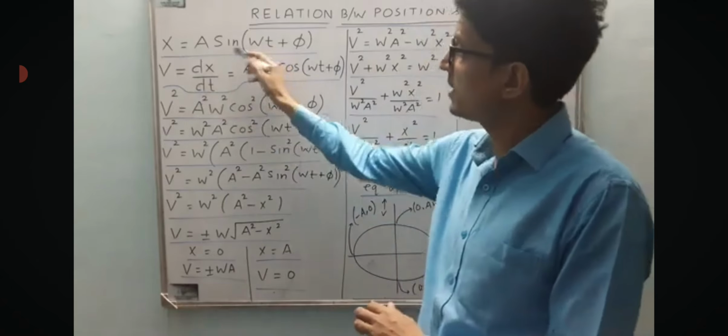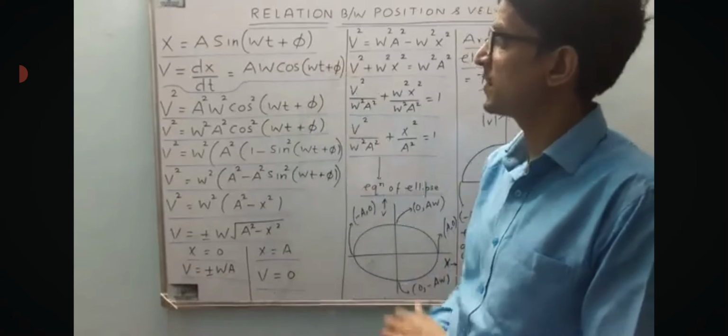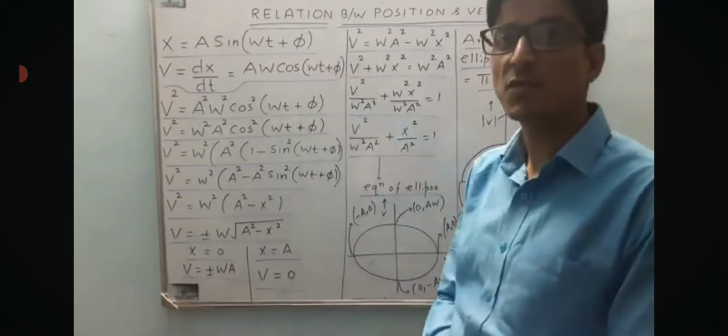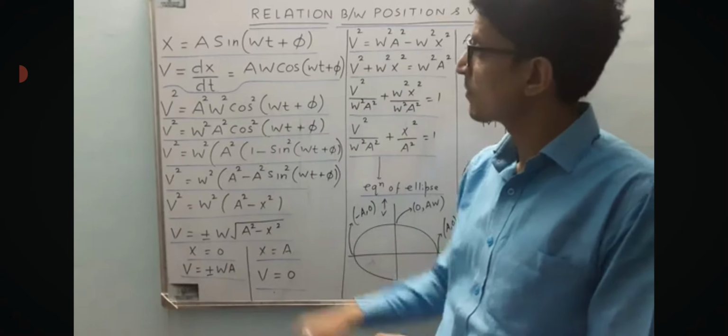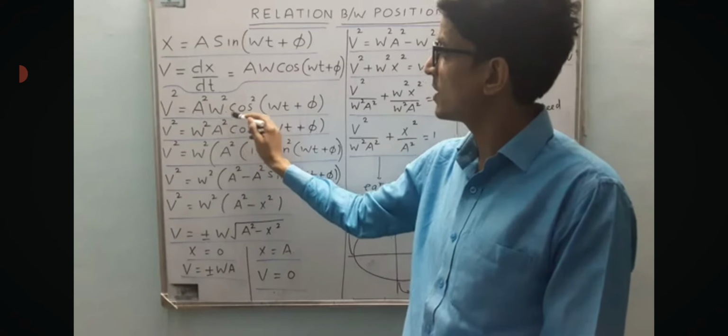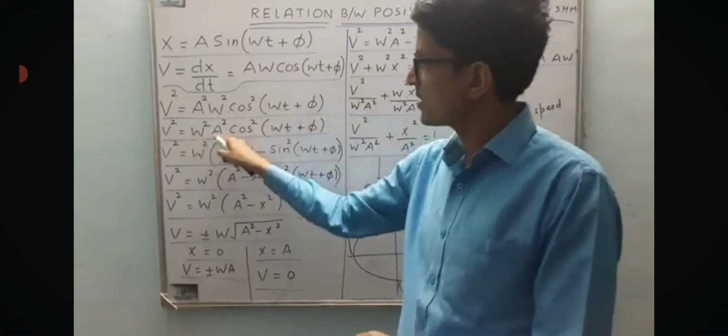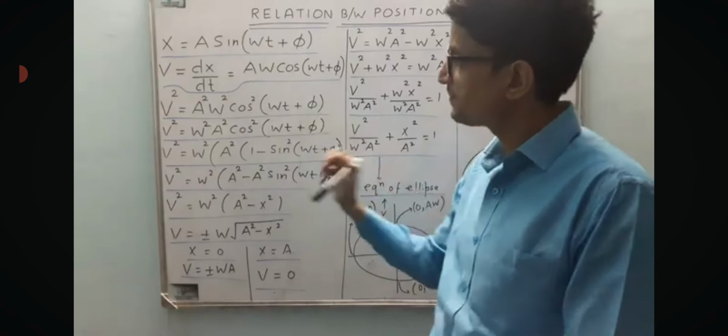So if we differentiate sin(omega t plus phi), the answer will be omega cos(omega t plus phi). We just square them. So we have v square is a square omega square cos square(omega t plus phi), which can be written as omega square a square cos square(omega t plus phi).